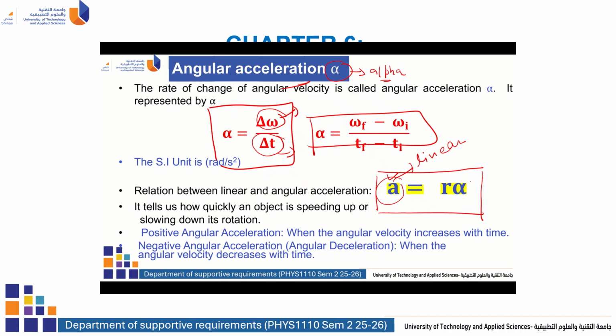This r is the radius of the path and alpha is the angular acceleration. So a equals r alpha.